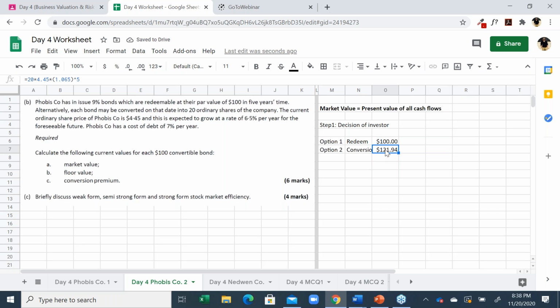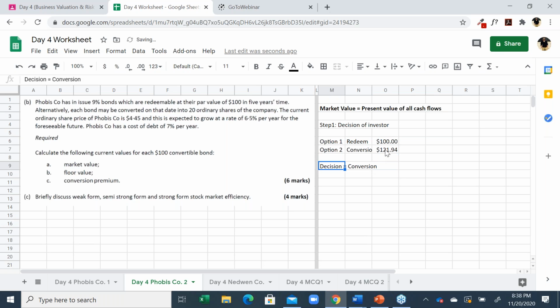So if you people are the investors, what will your decision likely be? Option two, that is conversion.